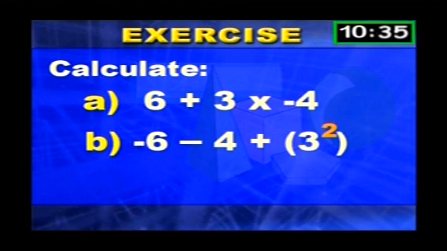A: 6 plus 3 times negative 4. B: negative 4 subtract 4 plus, in bracket, 3 to the power of 2. You have the same example in your student workbook. You can refer back to that.